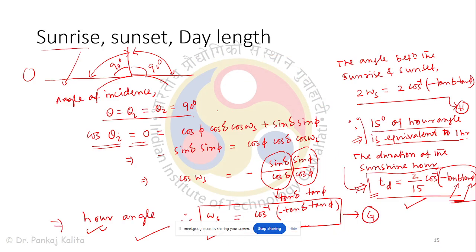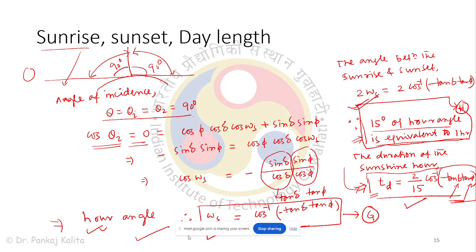Now sunrise, sunset and day length. This is the derivation that sir has explained in the lecture. You can go to the lecture. What you need to remember is this: 15 degree of hour angle is equivalent to 1 hour. We have already discussed this point earlier also.